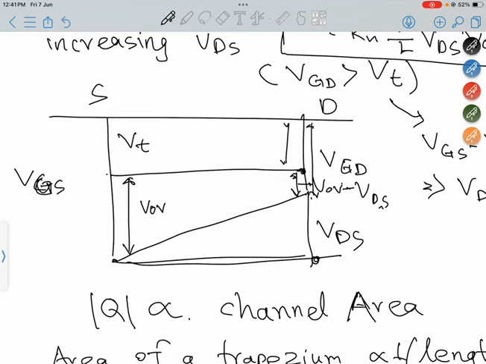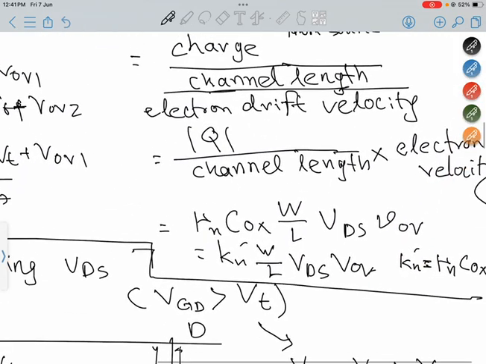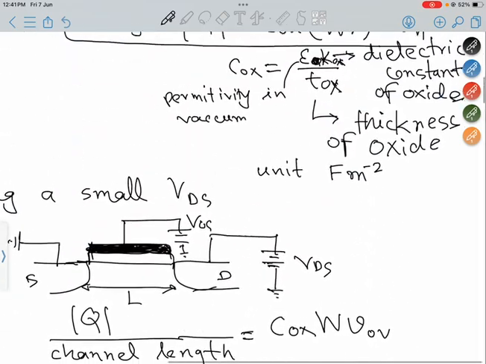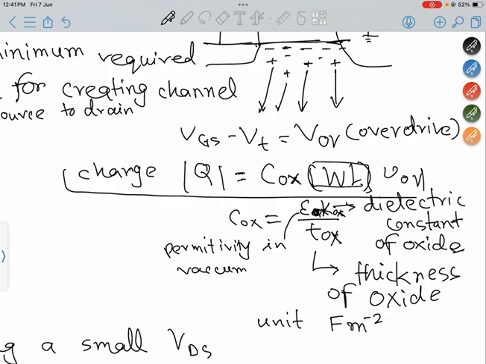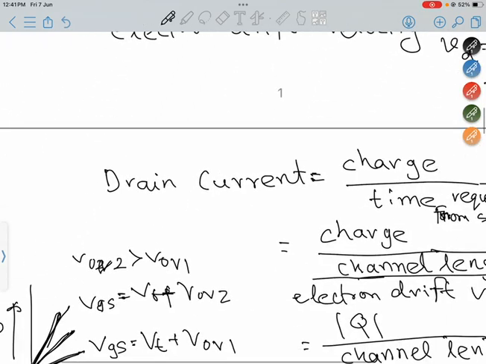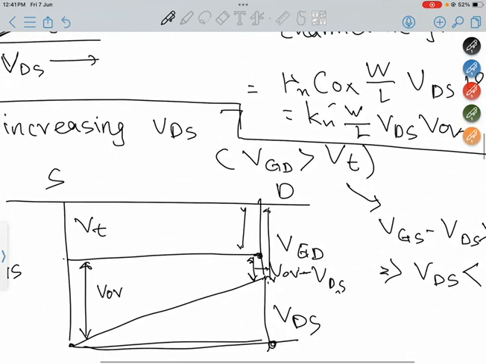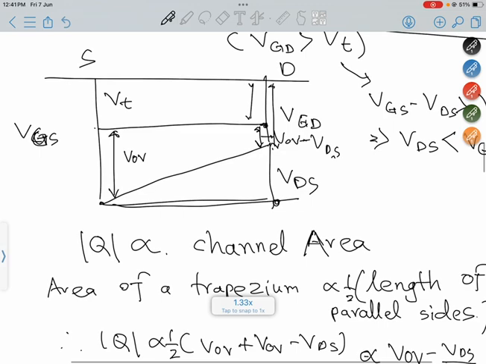Now we know that the charge Q is proportional to channel area, which we can visualize from here. This was the area of channel. So Q is proportional to channel area, and this is of a trapezium shape.